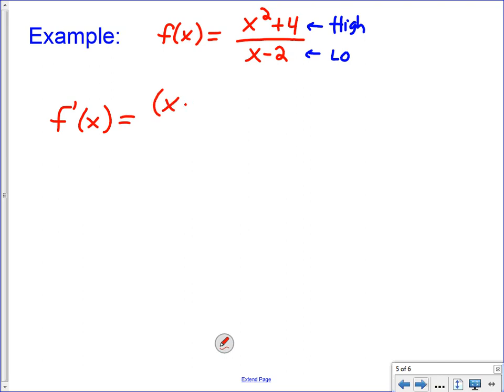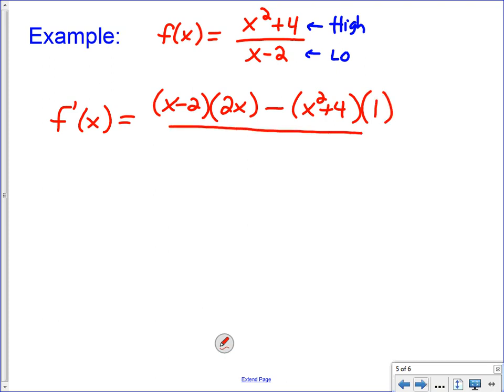So low d high, so the derivative of x squared plus 4, which is 2x, minus high, which is x squared plus 4, times the derivative of low. Now, the derivative of x minus 2 is just 1. All over low squared. Okay?